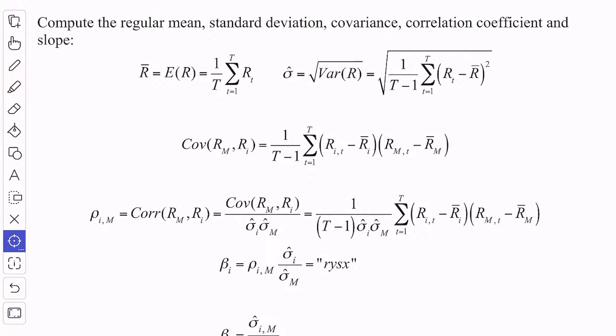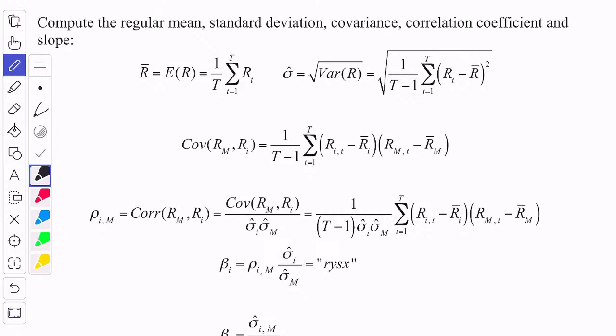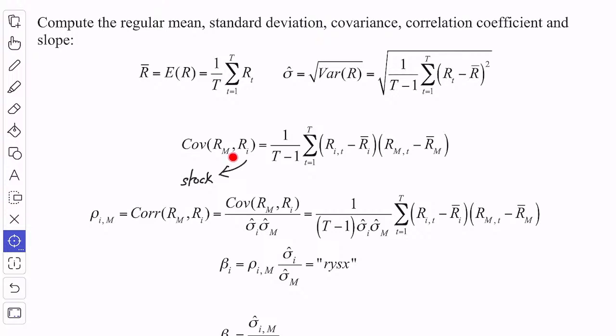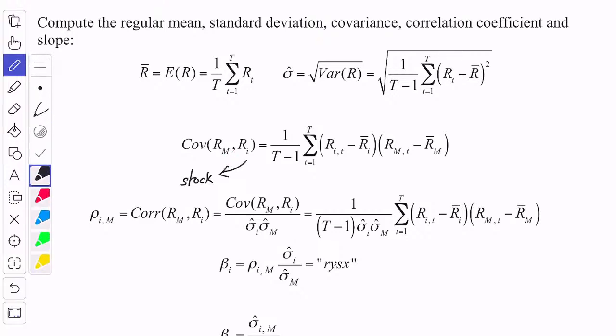Right. So you're using i here to represent the stock. And this is for the market. Always remember that the market is always on the X. This is the X variable. This is the Y variable.